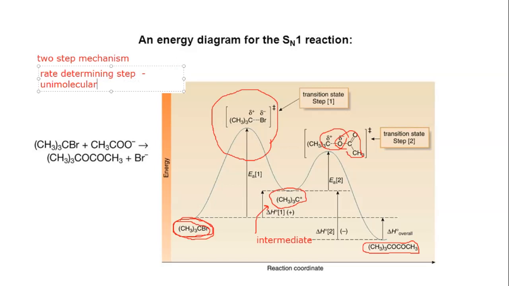So there's only one reactant in the rate determining step, and that's where you get your rate law from. So here rate would equal k times the alkyl halide.